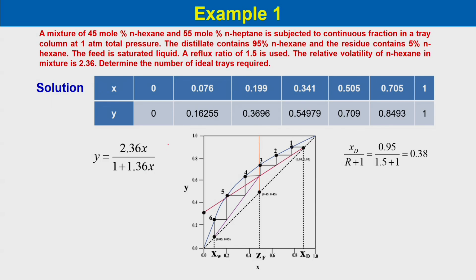So, from here at different values of x we can calculate y, and this is the data which is required to plot the equilibrium curve. So, with this data, the blue line represents here the equilibrium line.